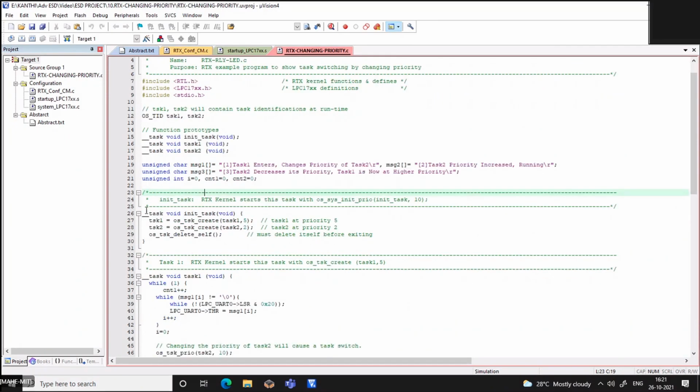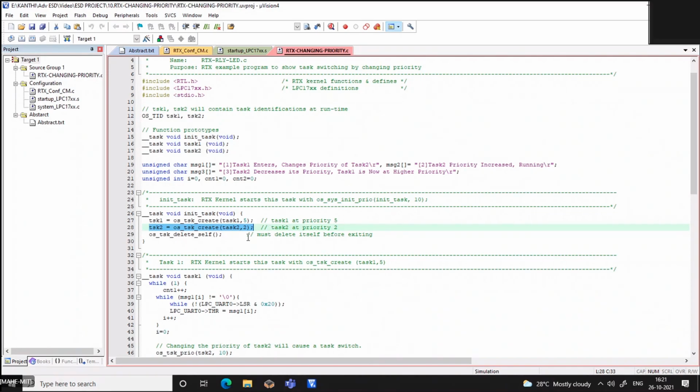Then coming to the initialization task. So this is just the function for creating the task. In the initialization function, please note that I have a task 1 created with the priority as 5, and task 2 with the priority as 2.